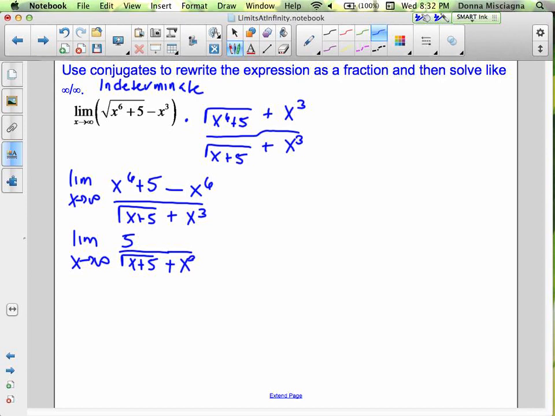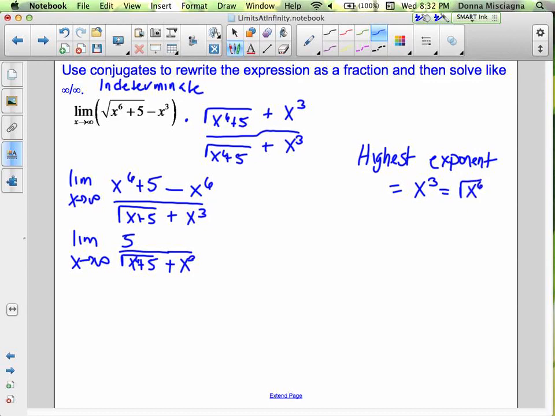All right, the greatest, oops, somehow we lost an exponent. Our greatest power, our highest exponent, is x cubed. And that's the same as the square root of x to the 6.